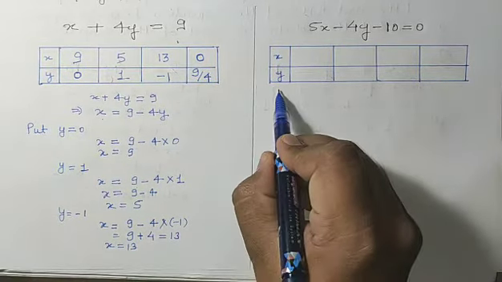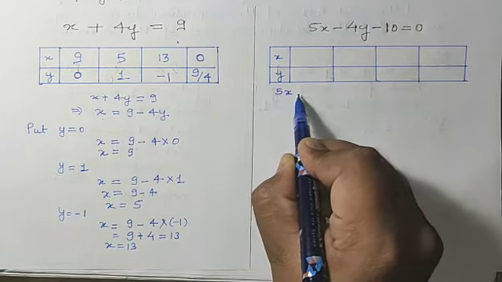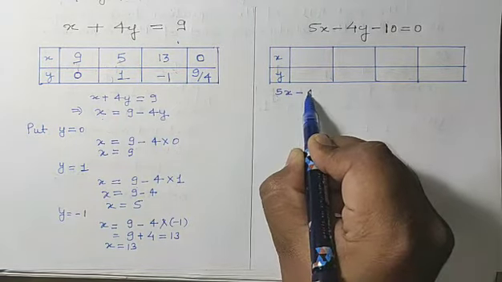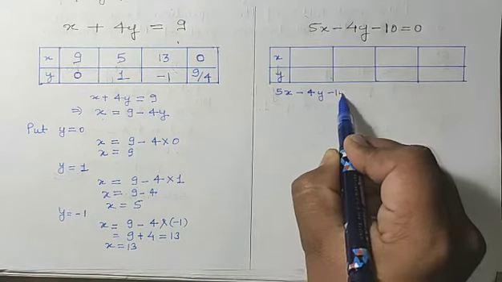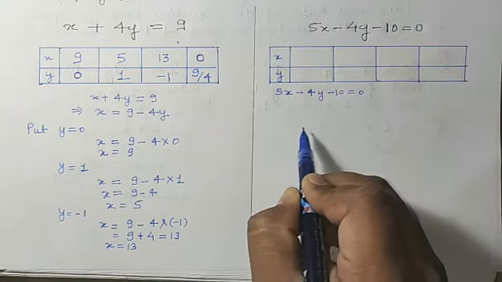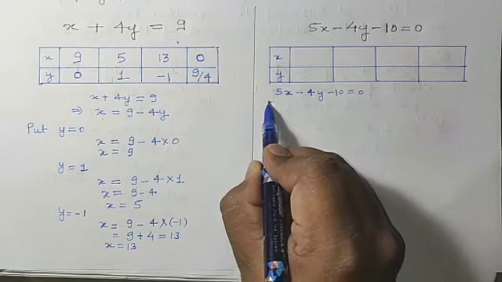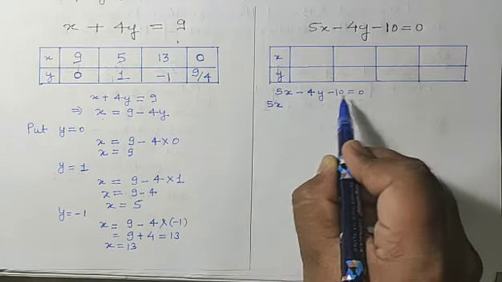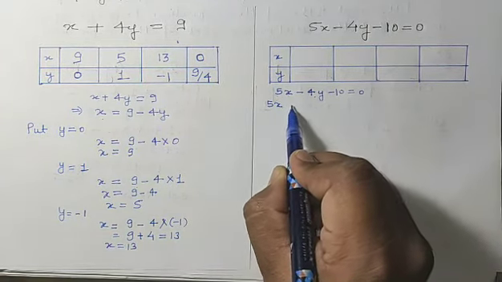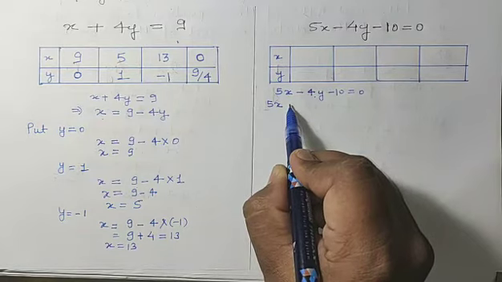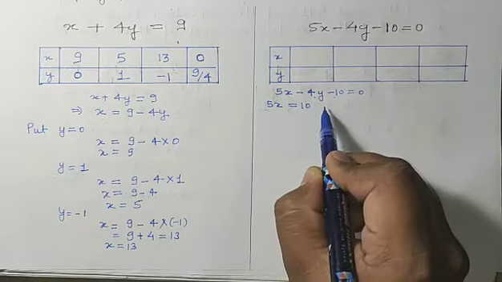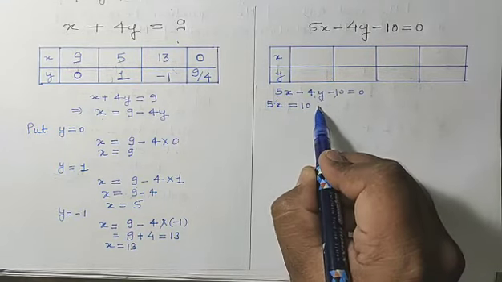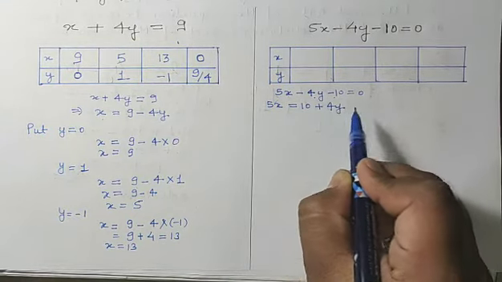Just write 5x minus 4y minus 10 is equal to 0. So firstly we will shift minus 10 and minus 4y. So it will be 5x is equal to, minus 10 will be shifted, so it will be plus 10, minus 4y will be shifted, so it will be plus 4y.